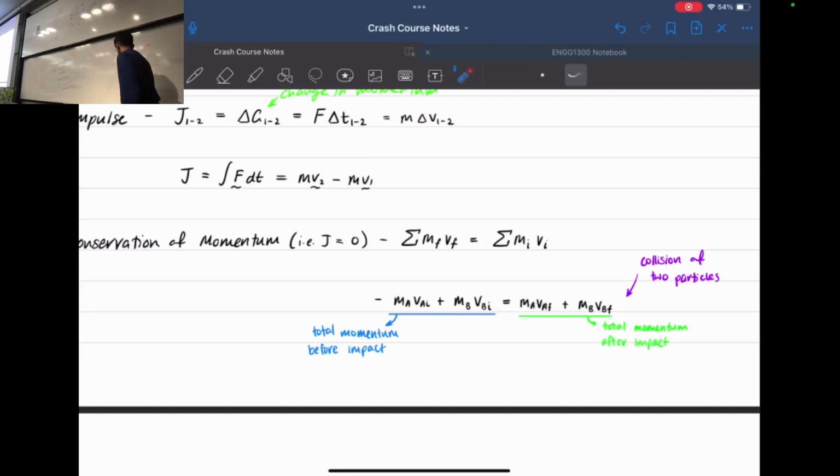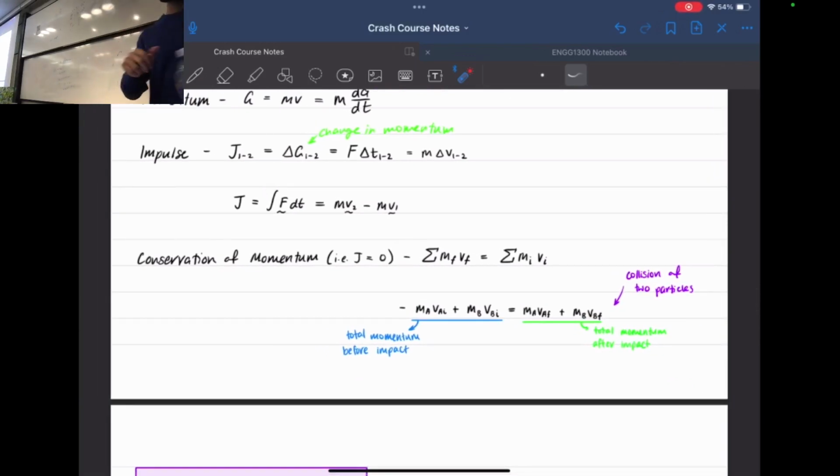So this would be the force of A onto B, and this would be the force of B onto A. Okay. Where force of AB is equal to minus force of BA. Right. You guys also saw this stuff in Phys 1A.